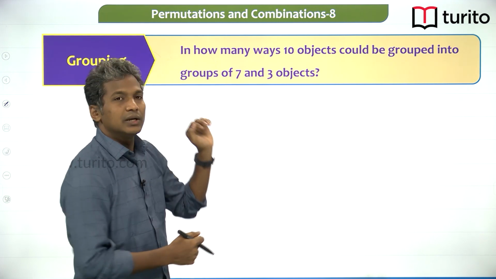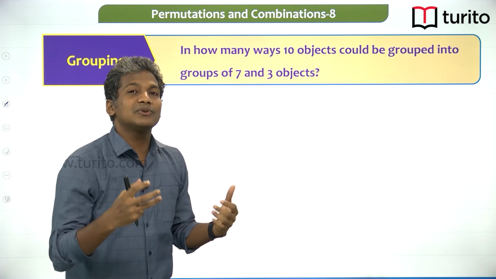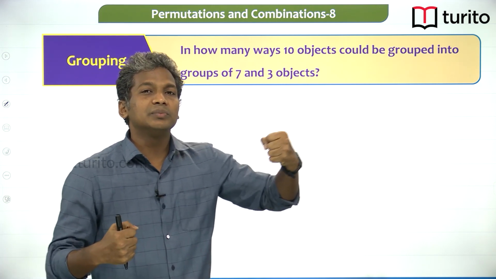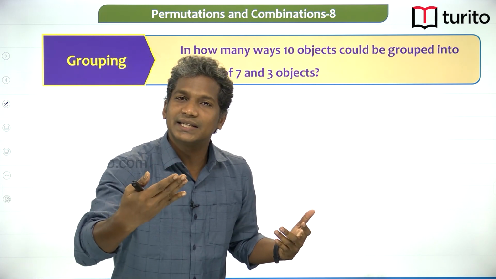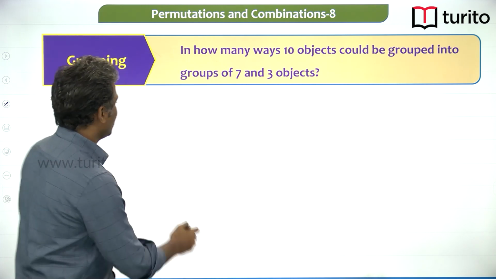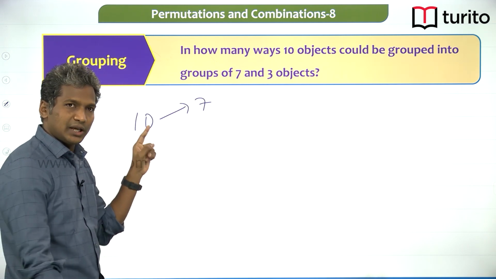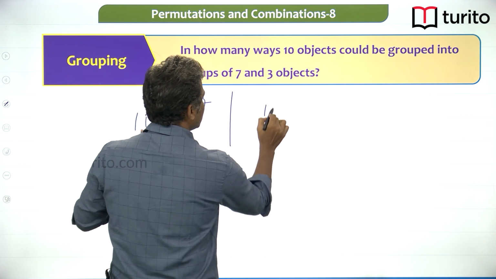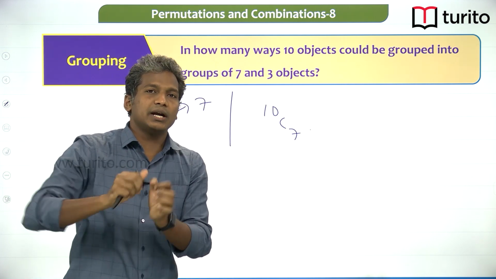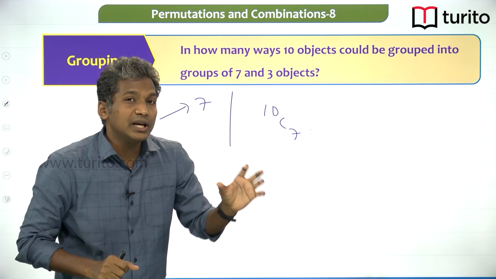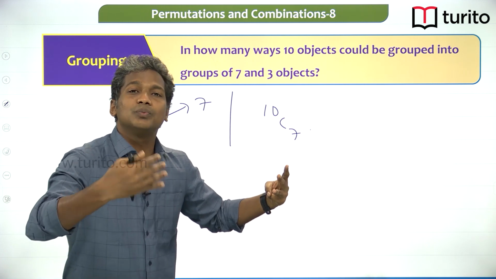Now, how do we form a group of 7 from 10 objects? You have to select 7 objects from the given 10 objects, right? So, in how many ways can we do that? In 10C7 ways we can do that. Basically we have selected 7 objects and we formed a group. Now, how many are remaining? 3 are remaining. From those 3 we want to make a group of 3.